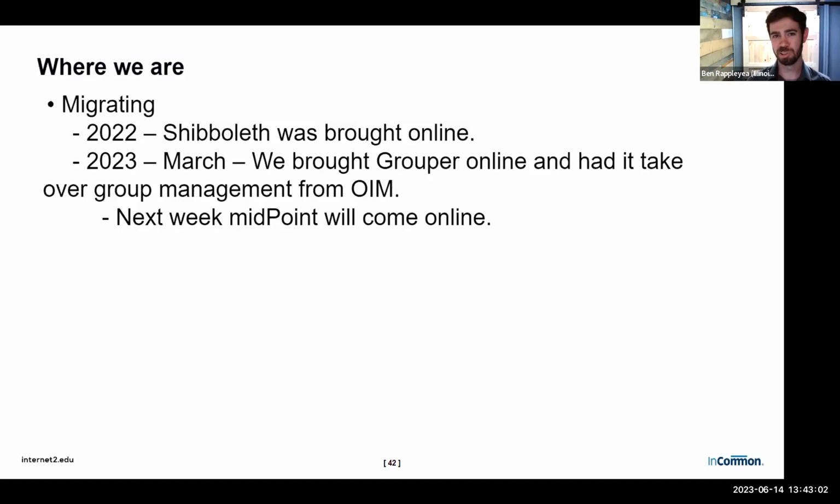We had been also using Oracle Access Management. So just another one of those acronyms that kill me every time. OAM was replaced with Shibboleth, and it's been great and haven't looked back once. In 2023, this year, March, we brought Grouper online and had it take over group management from OIM.